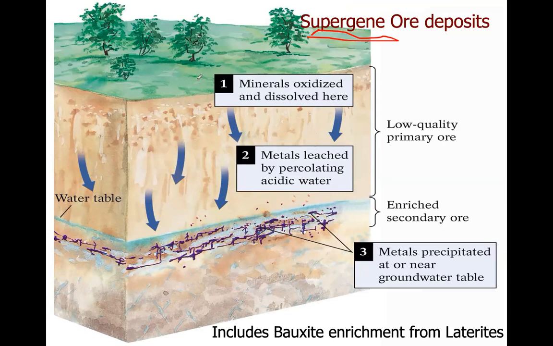Because of such secondary processes, metals can be accumulated as a result of dissolving when groundwater penetrates into the soil horizon. So materials are leached out. Also, as a result of oxidation, materials get dissolved and leached down to the deep part of the soil horizon.